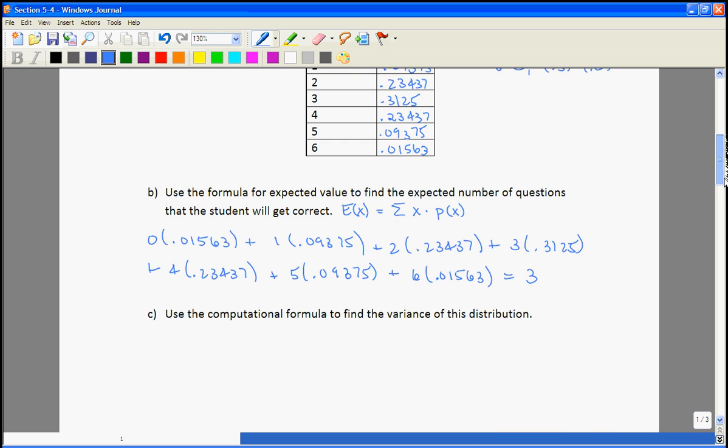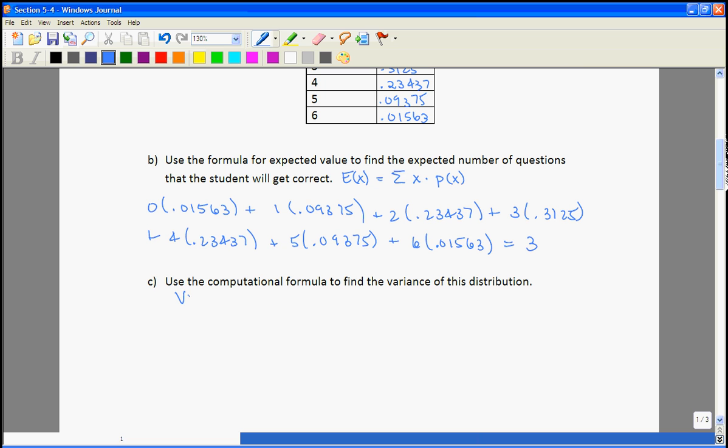Now let's find the variance. And I'm going to use this formula, the variance of X equals E of X squared minus E of X quantity squared. So we already found the E of X part, and all we'll have to do is square it once we plug it into this formula. But now we need to find E of X squared. And recall, E of X squared is the sum of when I take each value, square it, and multiply it by its respective probability.